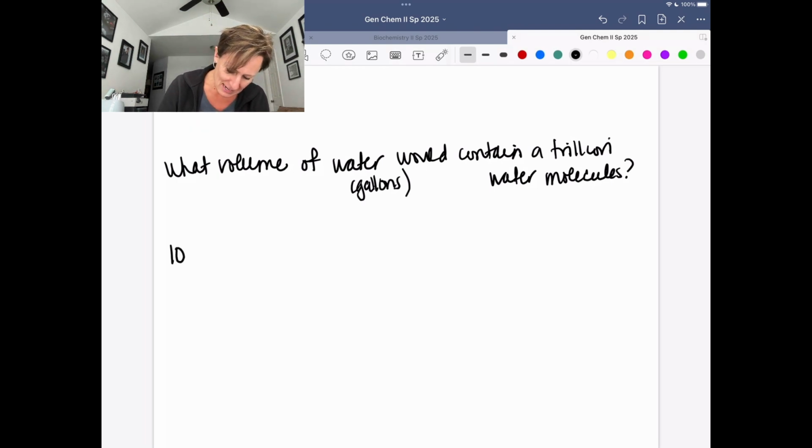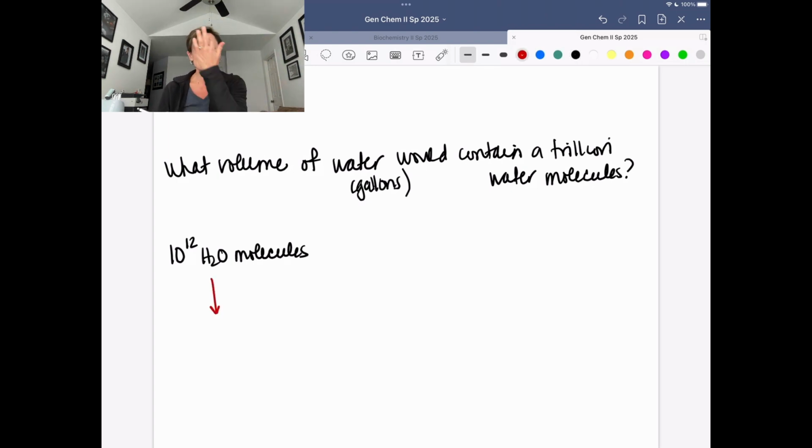So let's say 1 trillion is 10 to the 12th water molecules. Here's a classic place where students can make mistakes. Any place that's a mistake piece, I'm going to highlight in red here. 10 to the 12th is really 1 times 10 to the 12th. Now, if you type in, oh, Dr. Pretty showed me how to use that E button.